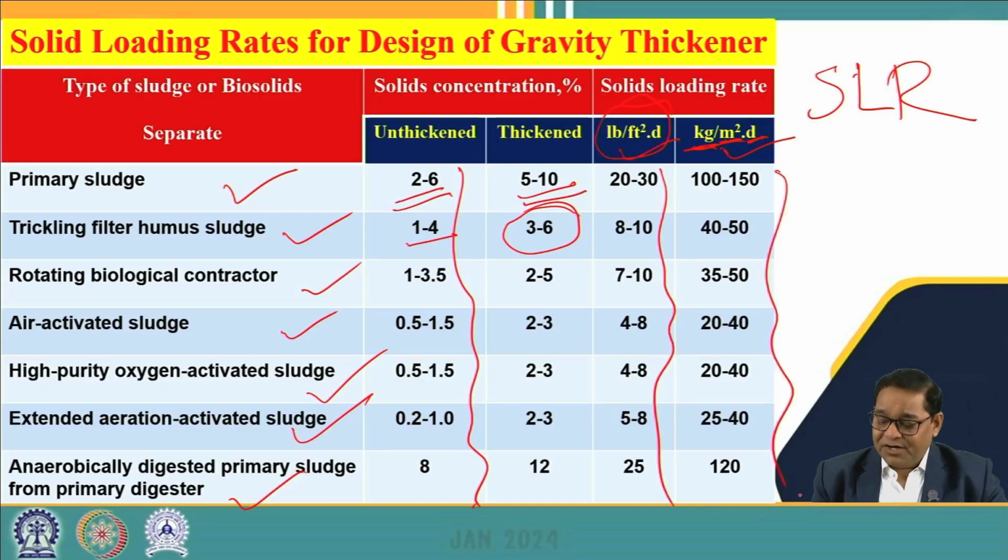For primary sludge, that is 100 to 150, whereas for the trickling filter sludge, which is comparatively a more stabilized form, the values are taken less as compared to the primary sludge. So for different types of sludge, the value ranges from 20 to 40, and 20 to 40 for anaerobically digested sludge, 120.